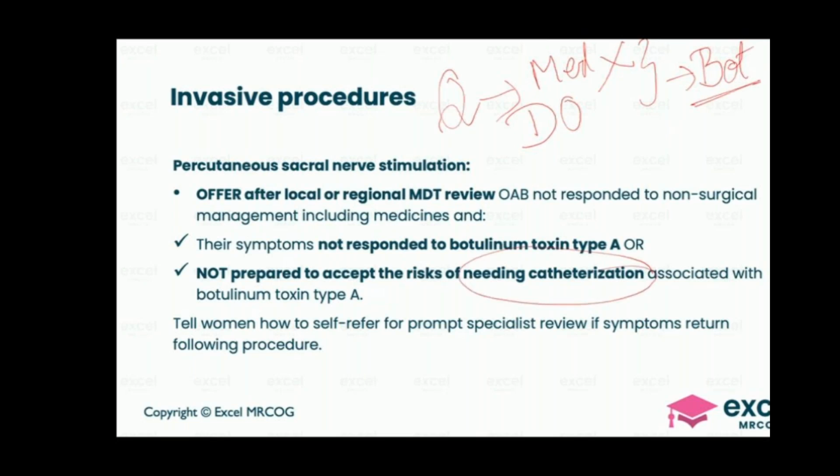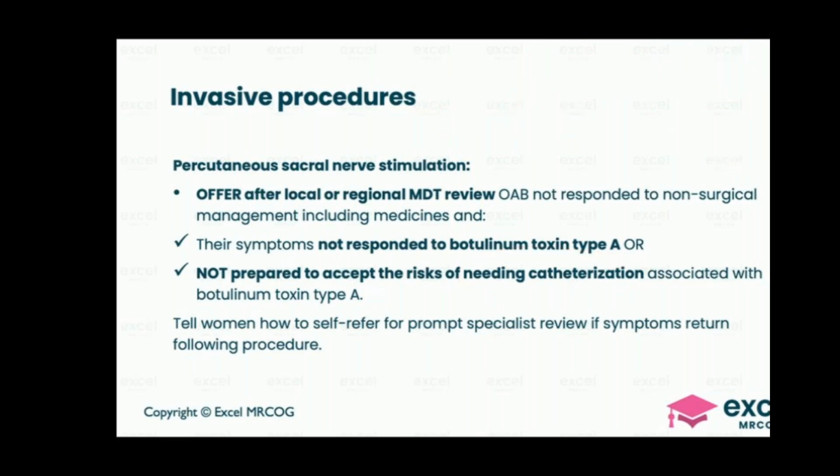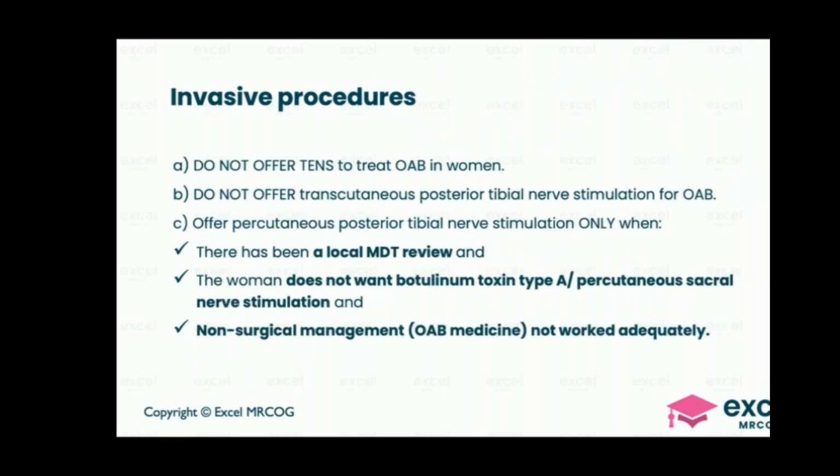If she's not prepared to accept the risk of needing catheterization, then you can do percutaneous sacral nerve stimulation. If they have not mentioned anything about catheterization, you can choose Botox. But if they've specifically mentioned that she does not want to have catheterization, then percutaneous sacral nerve stimulation, right? Clear? Okay.